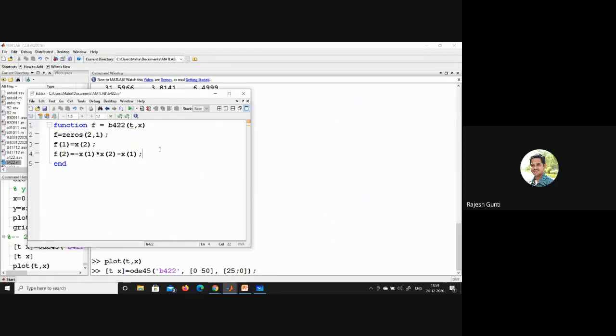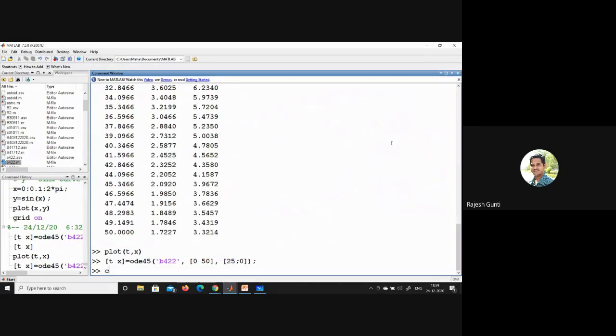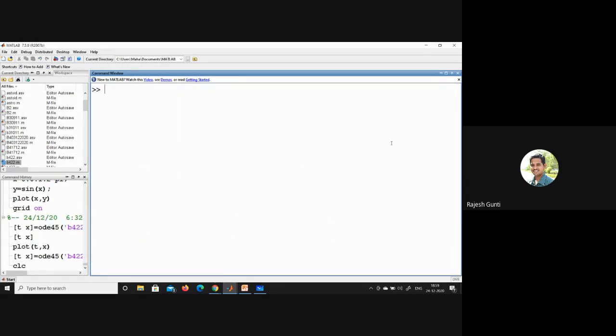Now you save this equation. Now t comma x is equal to ode45, over some interval 0 to 5, or 0 to some certain interval, 0 to 6, whatever.